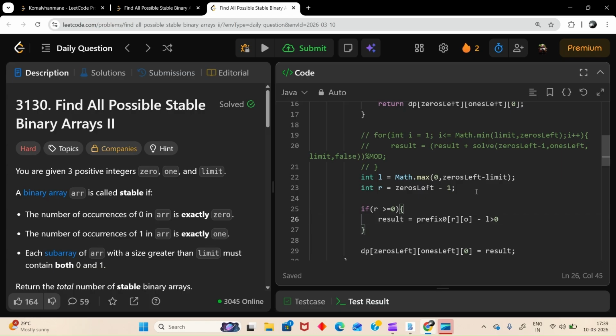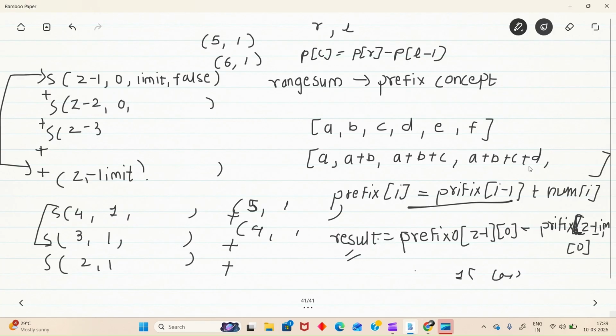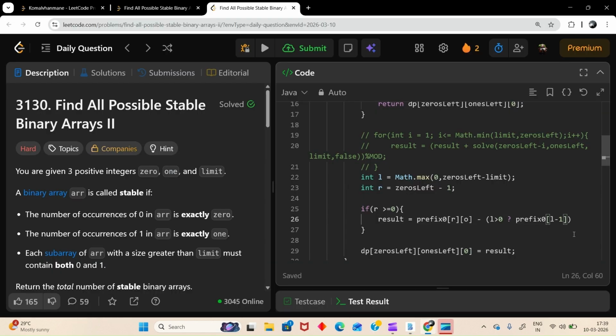If it is, then only we can use prefix of 0 of L minus 1 of O, because as we have seen here, L minus 1. Else just use 0, that is for the first element. Now we also have to use the mod, so let's use percent mod here, and also plus mod.